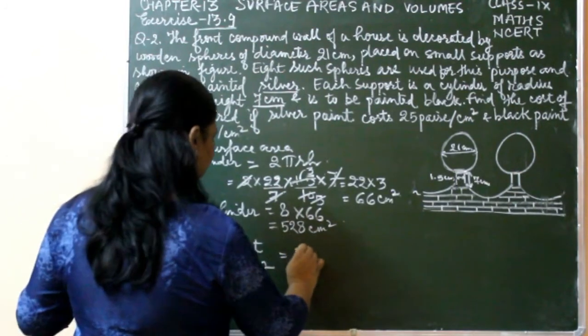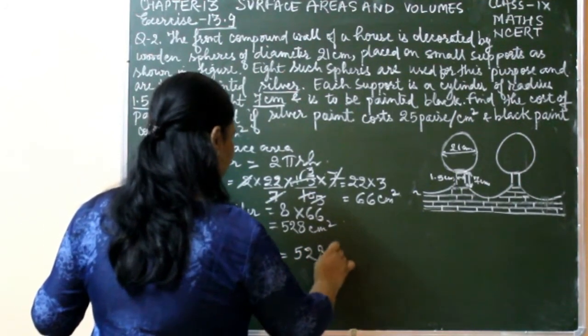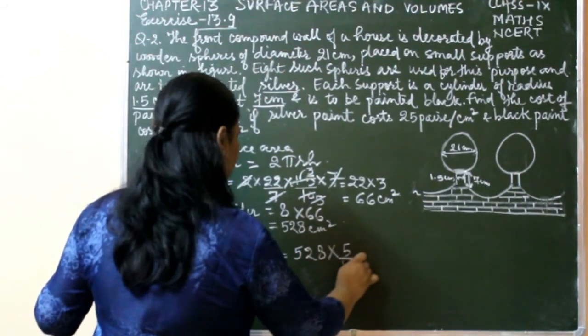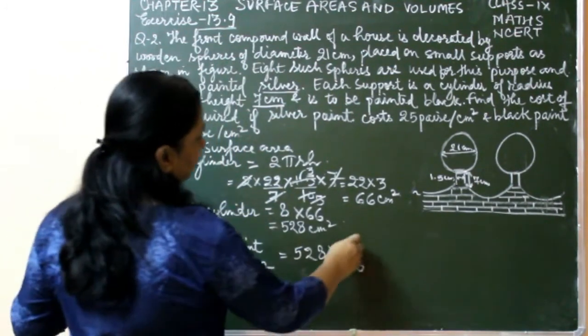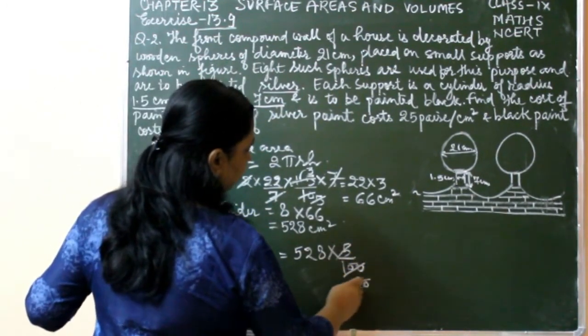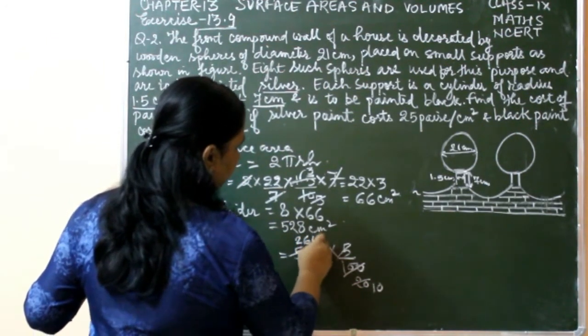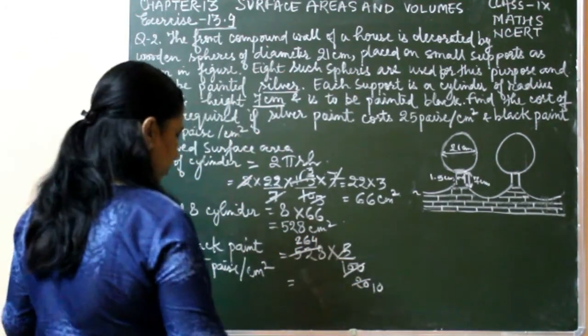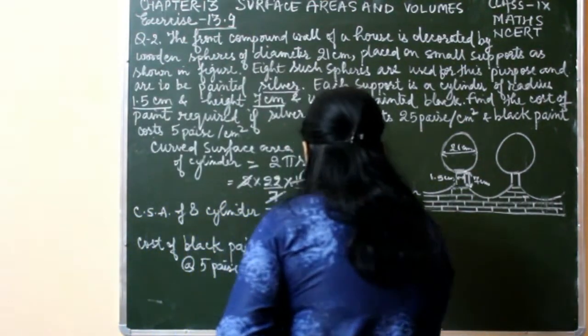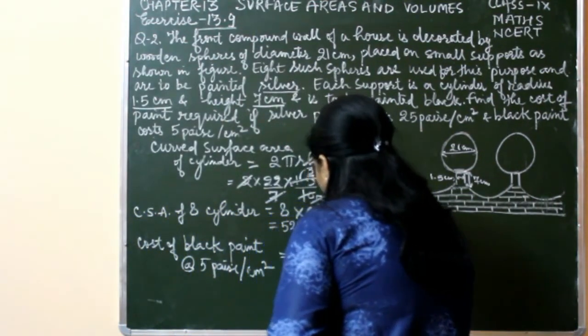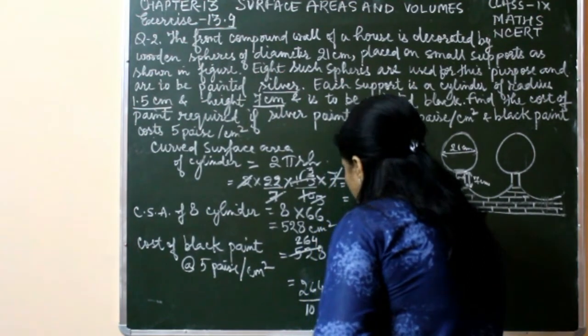This will be equal to 528 into 5 upon 100. That is 264 upon 10, which is equal to rupees 26.40.